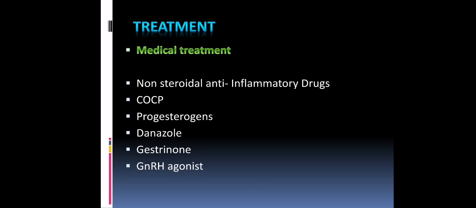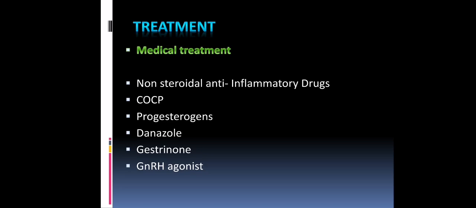For the medical options, non-steroidal anti-inflammatory drugs can be used, combined hormonal contraceptive pills, progestogens, danazol, gestrinone, GnRH analogs and agonists. These are all the hormonal management which you have to offer for at least 3 to 6 months continuously to stop the cyclical bleeding from the endometriotic deposits.